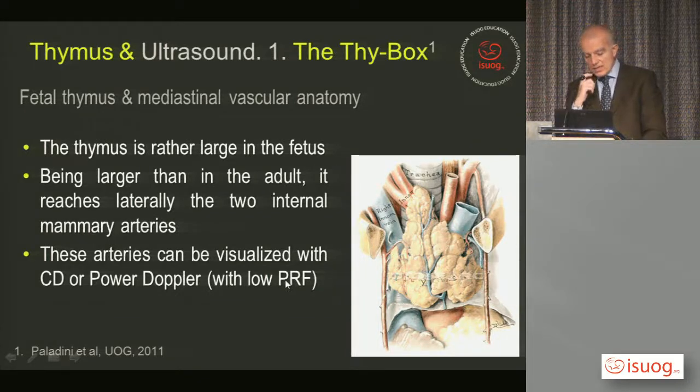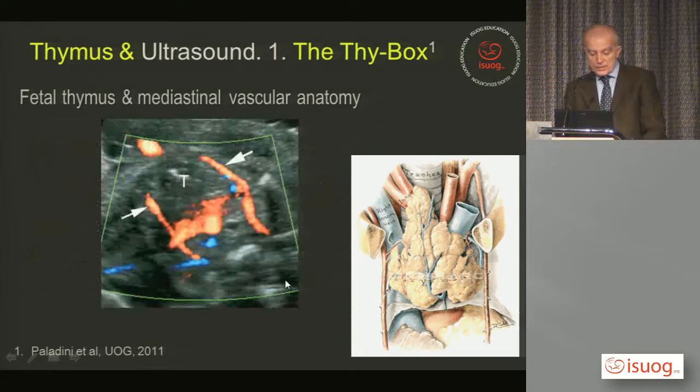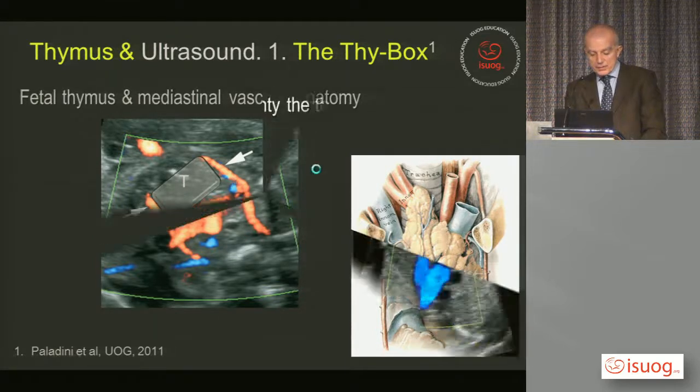And also Kai, in his demonstration, showed this type of image. So this is one of these cases in the late second trimester. You see here the two internal mammary arteries, and here is the thigh box in between the sternum, the vessels here, and the two internal mammary arteries.